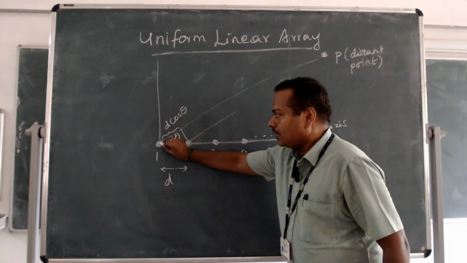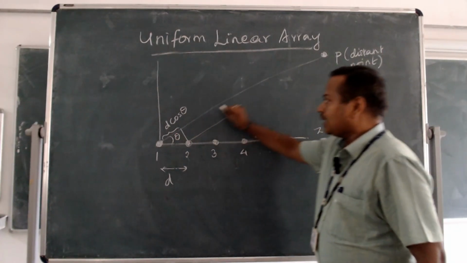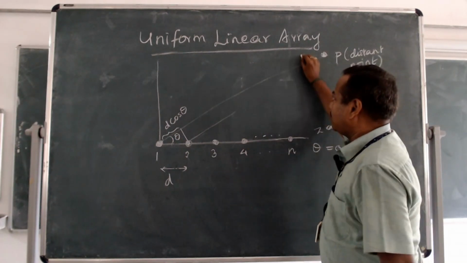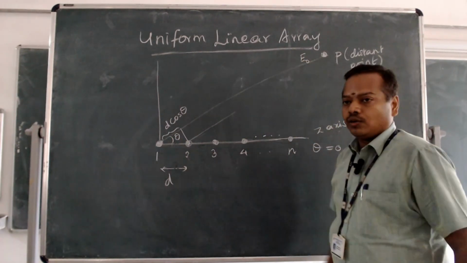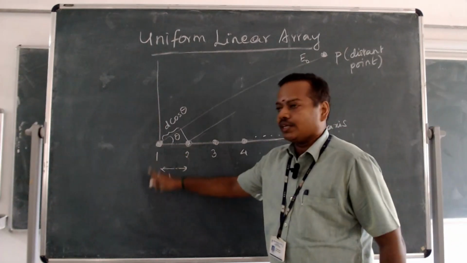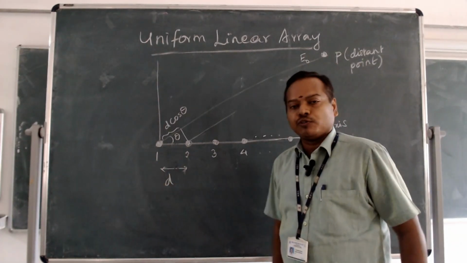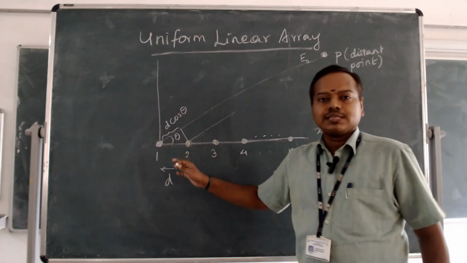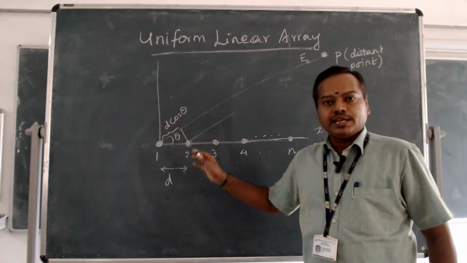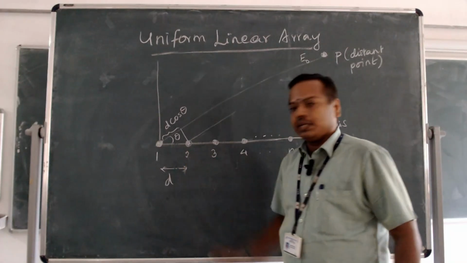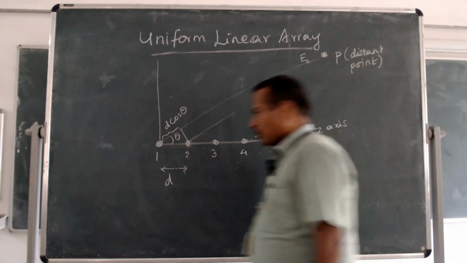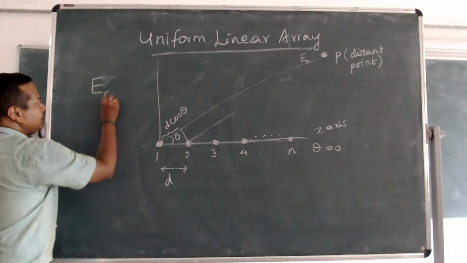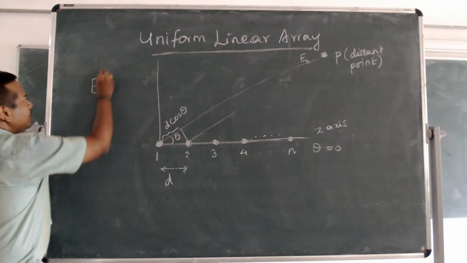For example, if we denote the radiated field by the first element as capital E naught, as we have excited all the elements with equal amount of current, the magnitude of the excitation current is the same. This results in the magnitude of the radiated field by individual elements being the same, E naught.